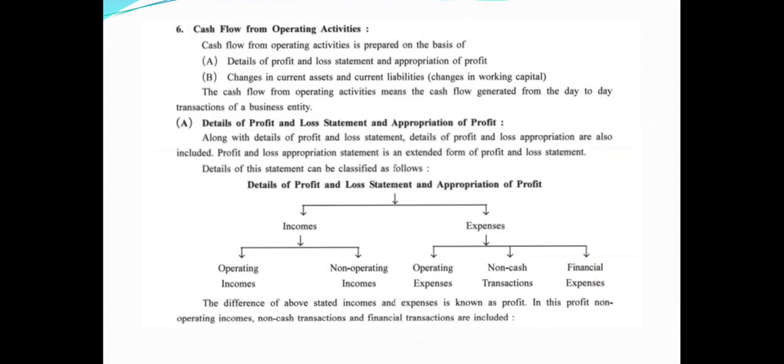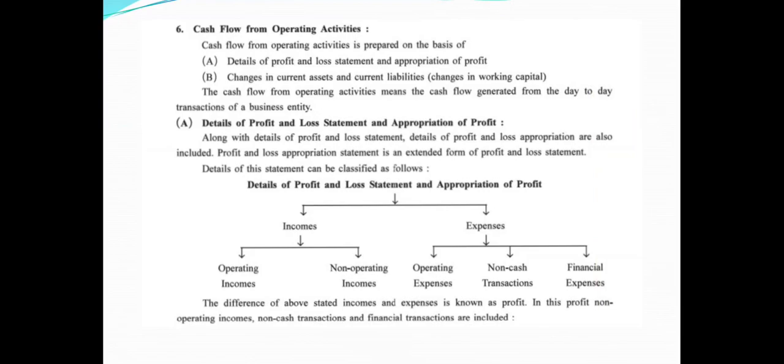Details of profit and loss statement and appropriation of profit, that is what? Incomes and expenses. Incomes are classified in two parts, that is operating incomes and non-operating incomes, and expenses are classified in three parts, that is operating expenses, non-cash transactions and financial expenses.